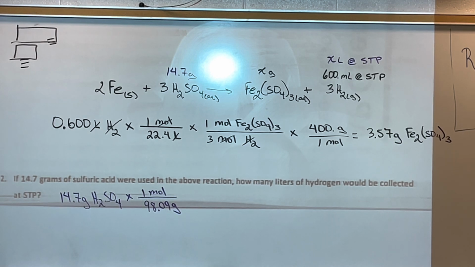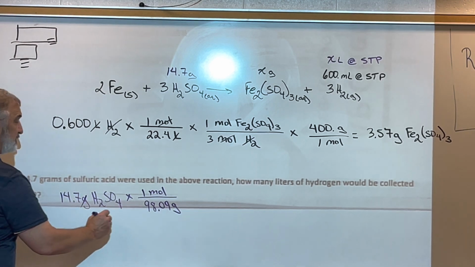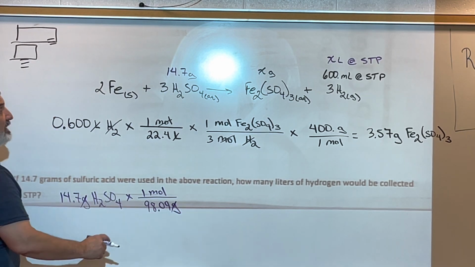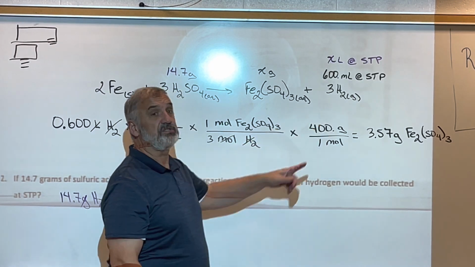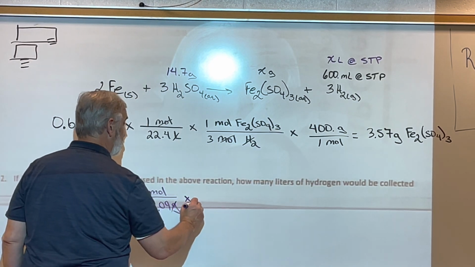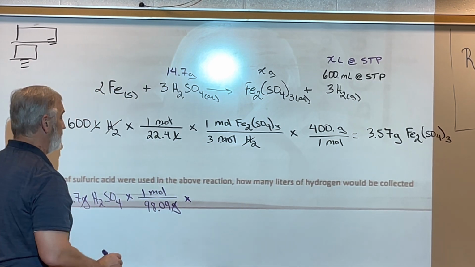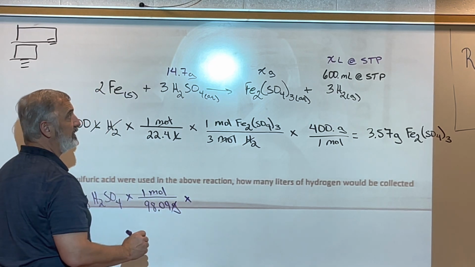I'm assuming all of y'all know how to do that. If I stopped right there, what did I find? Moles of H2SO4. But I need hydrogen. So what's my next step? Mole ratio. Which is going to be what to what? 3 over 3.